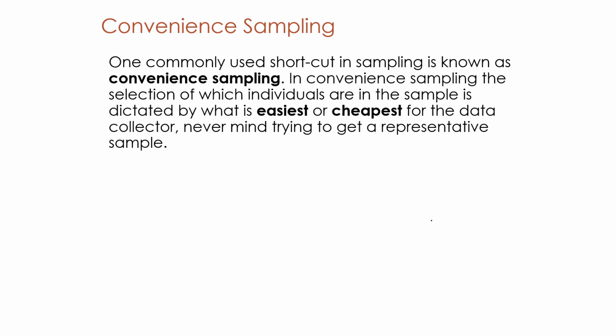So if you were wanting to learn something about the student population at the Madera Center, and you chose to go to the cafeteria to ask people questions, that would be convenience sampling because you're doing it because it's convenient.